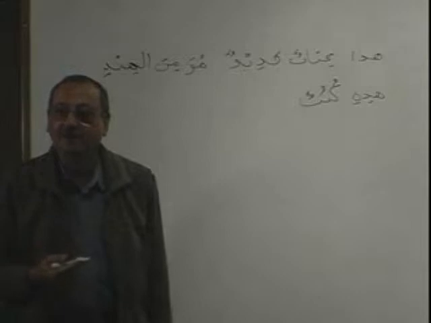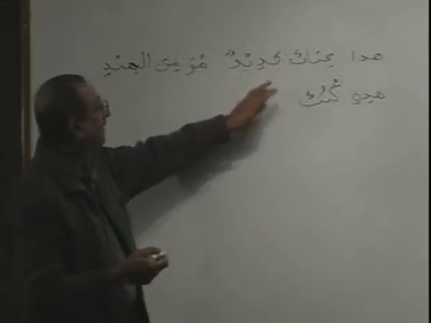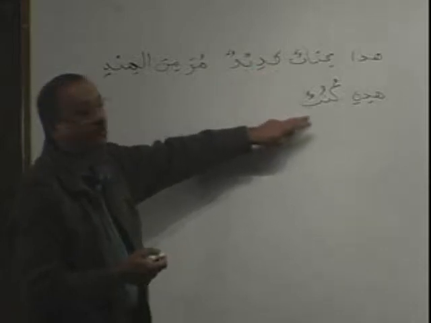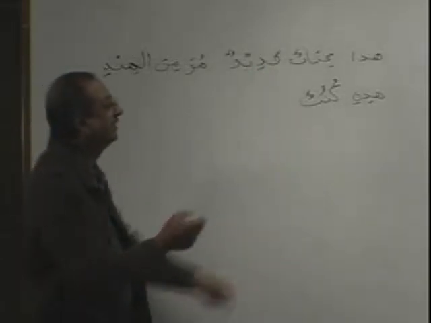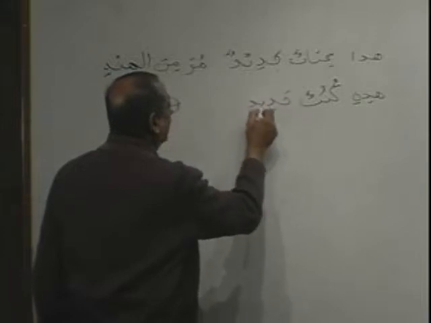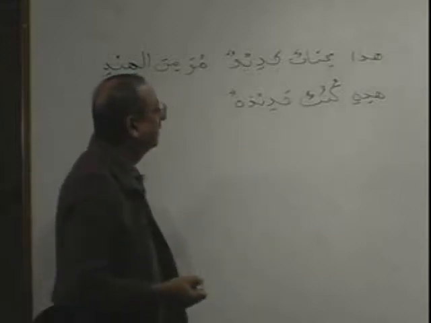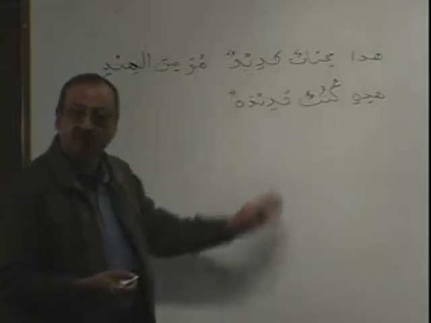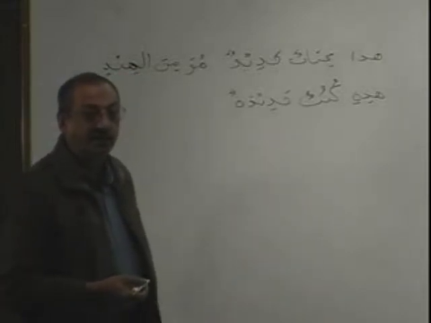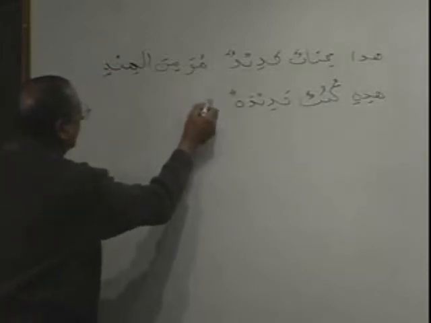What is happening here? And then if I have to write a naat, this is jadidun. I don't say jududun, I say jadidatun. Brother, what is happening here? Kutubun jadidatun. Why?